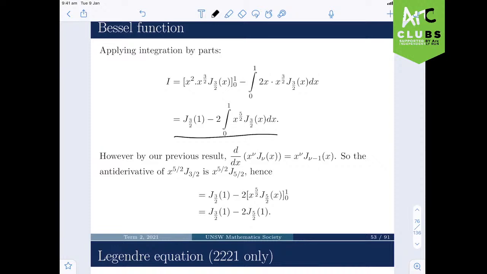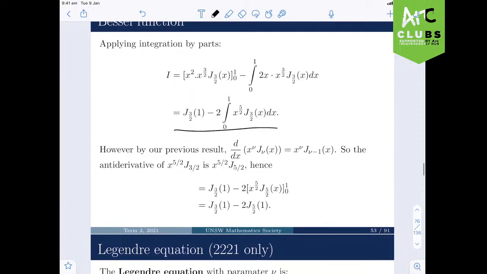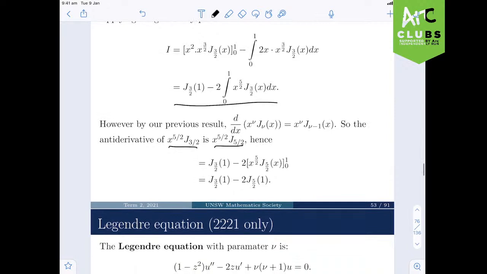So in effect, it's just decreasing the order of the Bessel function. And so the derivative of x to the 5/2 J 5/2 is x to the 5/2 J 3/2. And so this part is just this. So we get, in the end, the answer: the integral is J 3/2 minus 2 J 5/2 of 1.